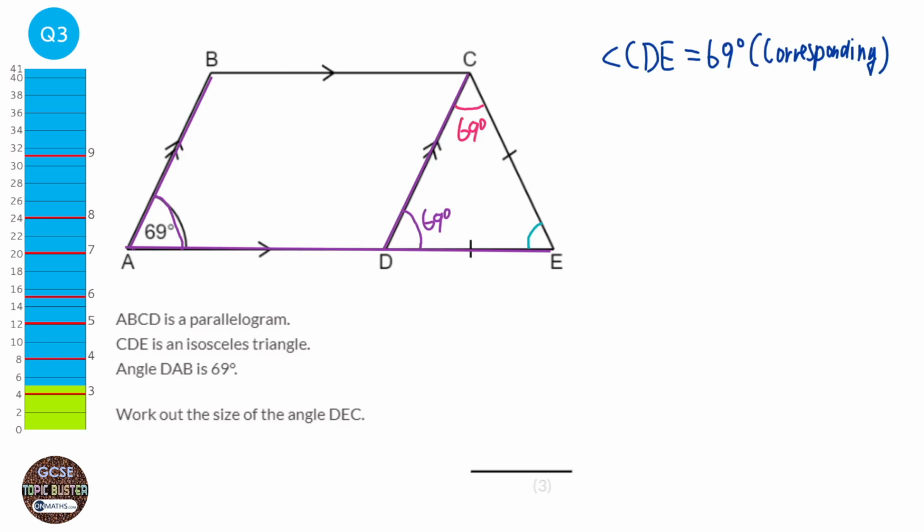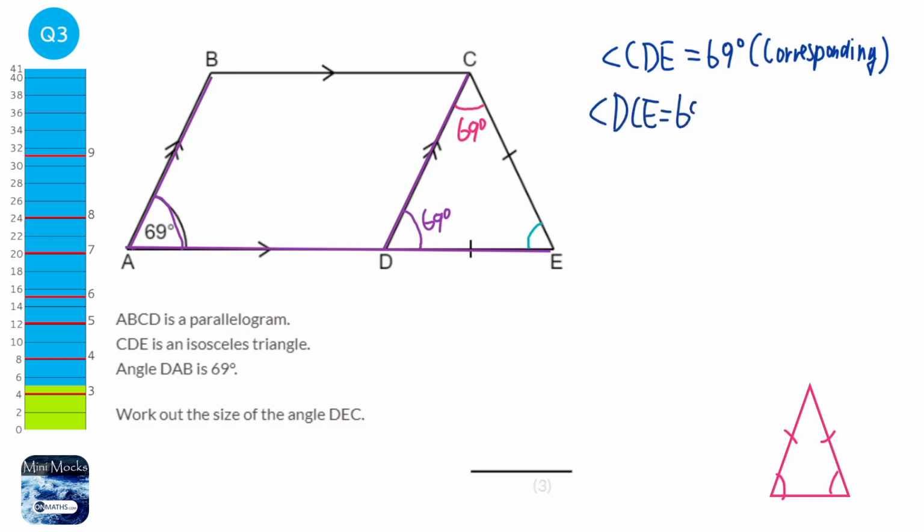Now, when I say that, I mean when an isosceles triangle is the right way up, the bottom 2 angles are equal. So they're the bottom 2 angles in an isosceles, although the isosceles is on its side here. And we need to write that down, so it would be angle DCE equals 69 degrees. And this time it's because it's an isosceles triangle.